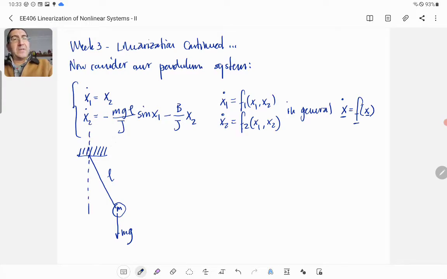There is a viscous friction on this junction, so we have viscous friction B. And we could have a torque input tau to this system, but for the time being it's non-existent because we are considering an autonomous system. Okay, so how can we find a linear approximation? So we know that x equal to 0, 0 is an equilibrium point.